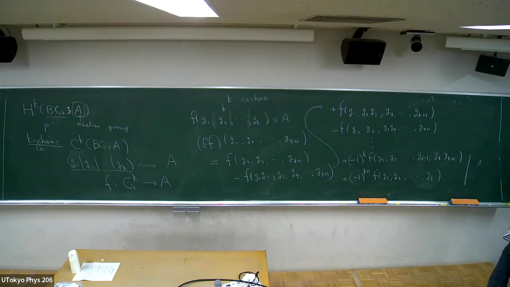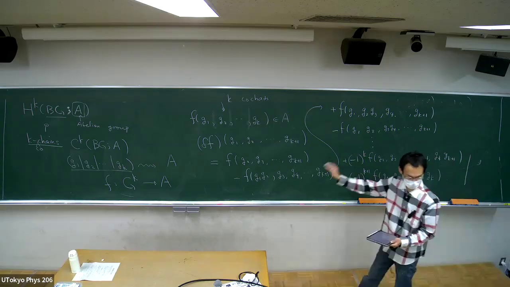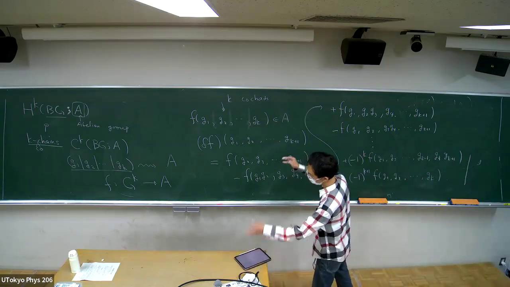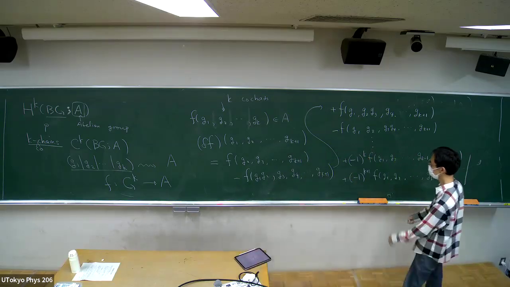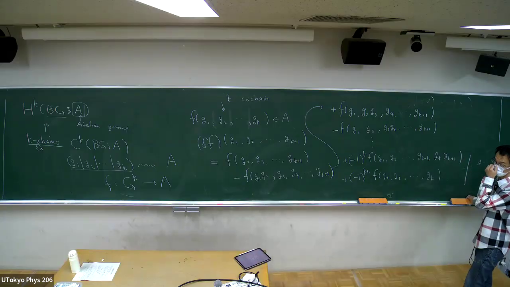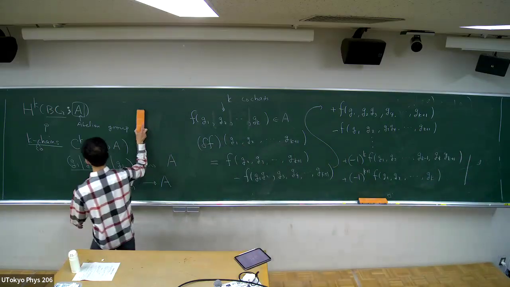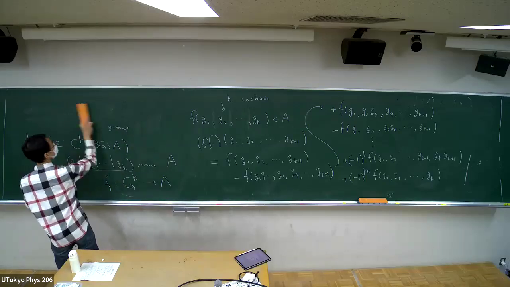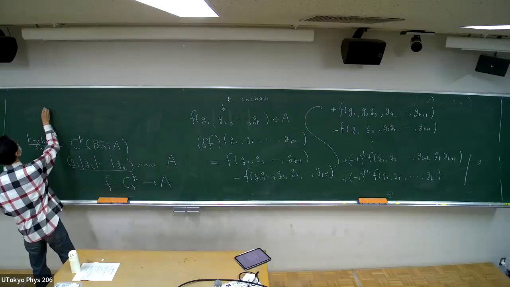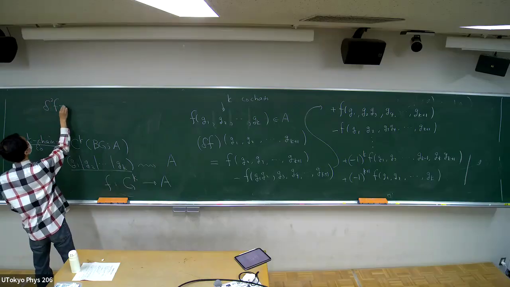This follows from the explicit construction of BG and the way the cells of BG are patched up. So you can show that delta squared f is 0.